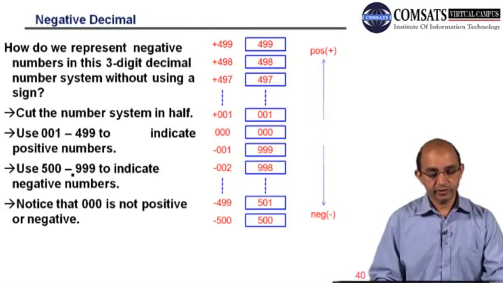And from 500 to 999 to represent the negative numbers, right? And this is the central point. You can say this is the center, and on the one side of this center we have the positive number representation, and on the other side of the center we have the negative number representation, right?